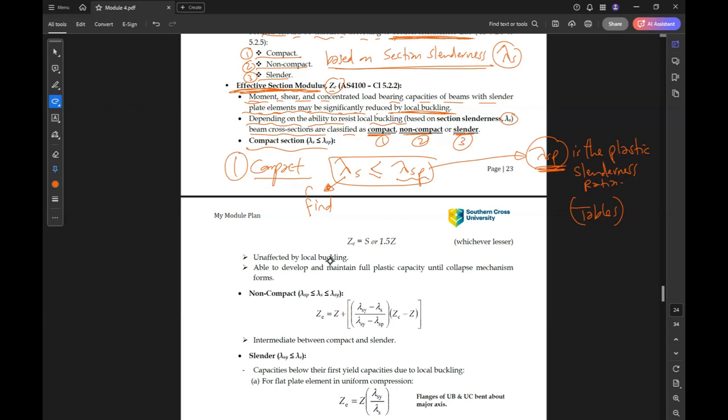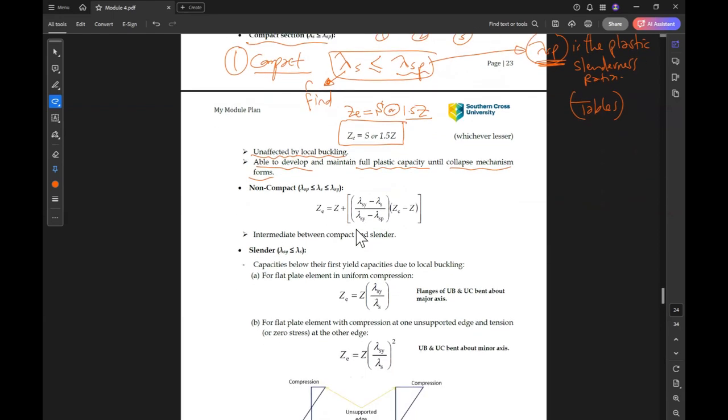When the section is compact, Z effective equals S or 1.5 Z. So this means that the section will not be affected by local buckling, and the section will be able to maintain its full capacity until the collapse mechanism forms. So this is the first case.